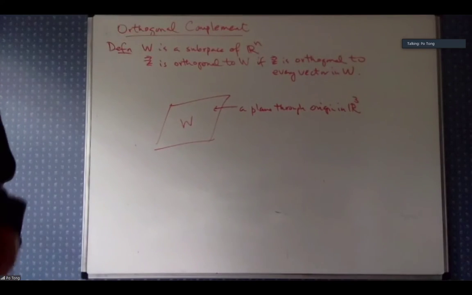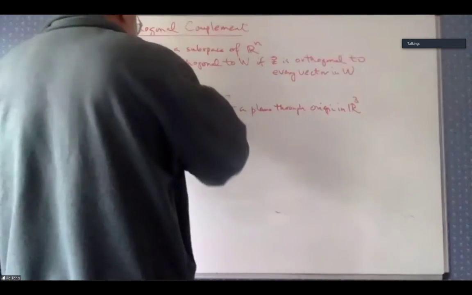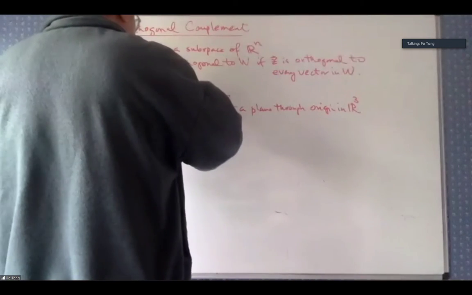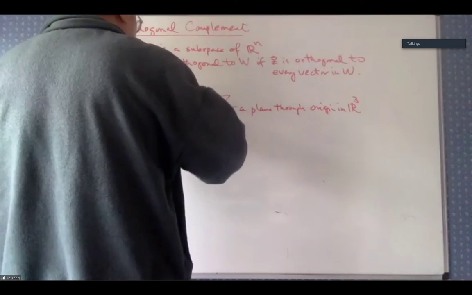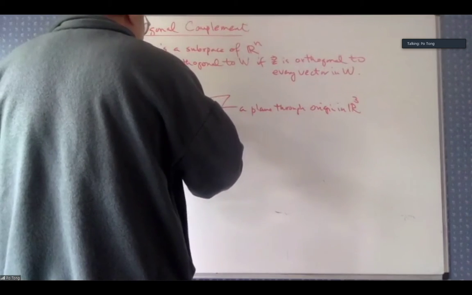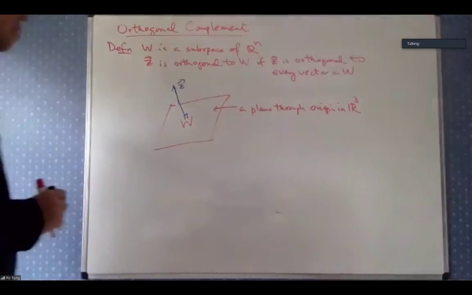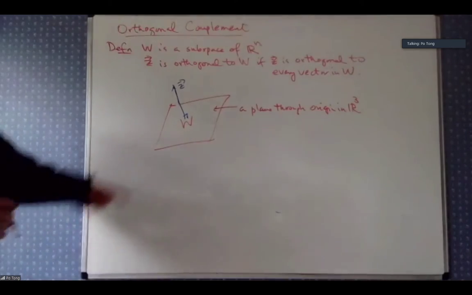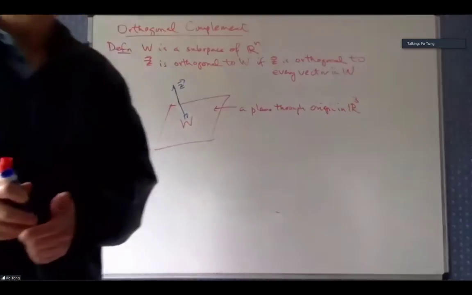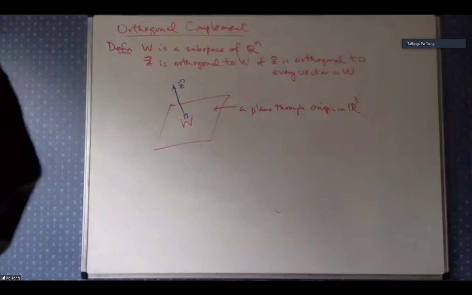So this guy is called Z, and it's going to be perpendicular to the plane. In calculus 3, this will be called the normal vector, right? Normal also means perpendicular.